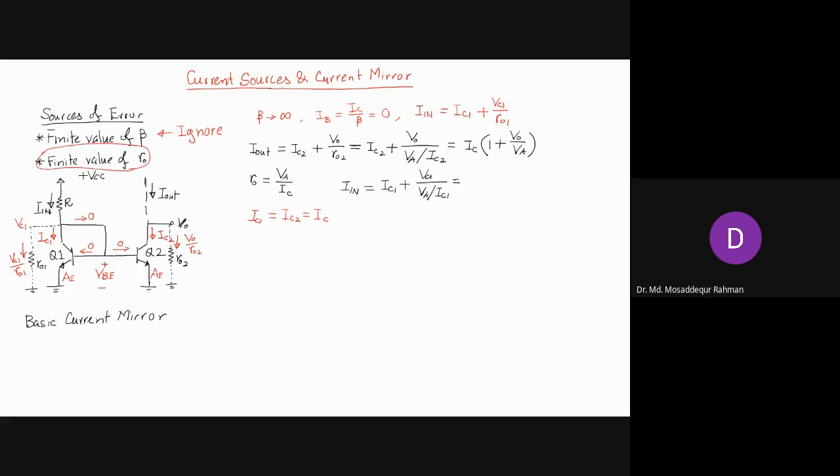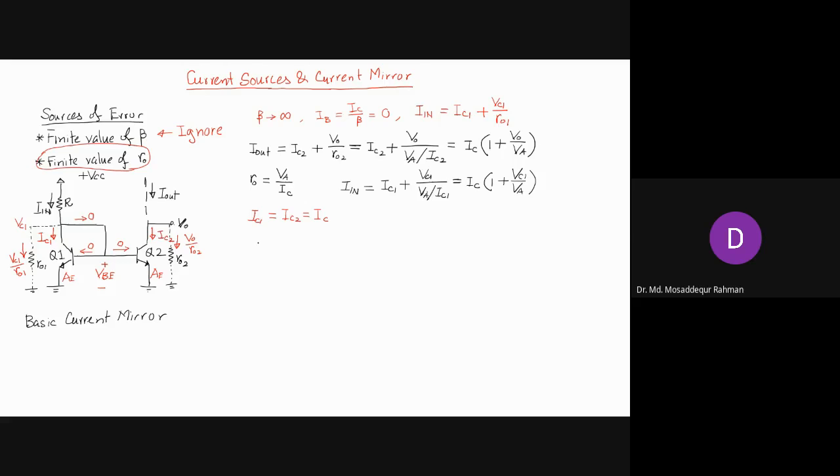And IC1 we replace by IC, and then we can write 1 plus VC1 by VA. So now we have got the expressions for the output and the input current.